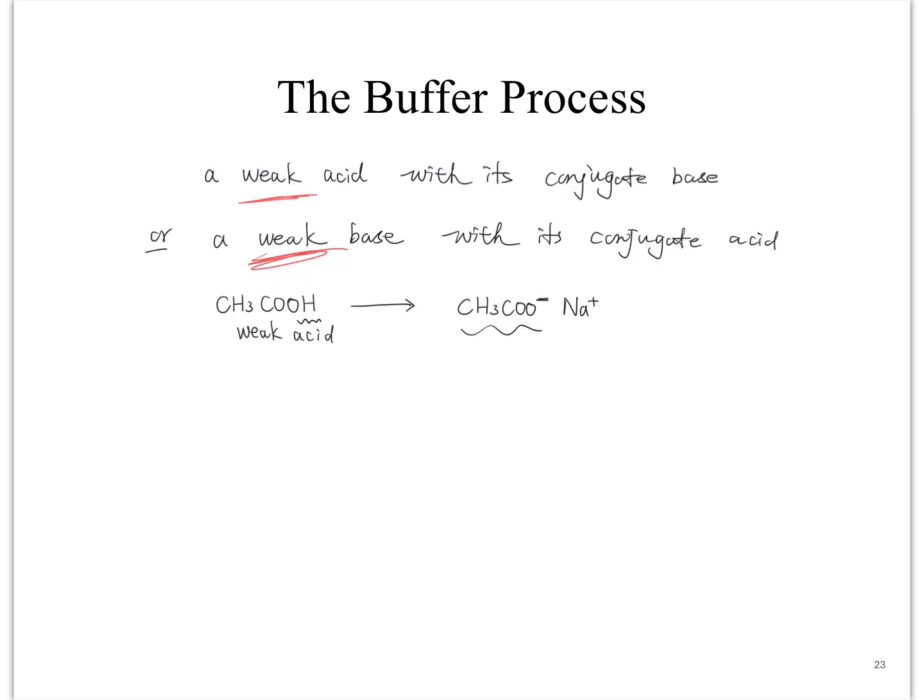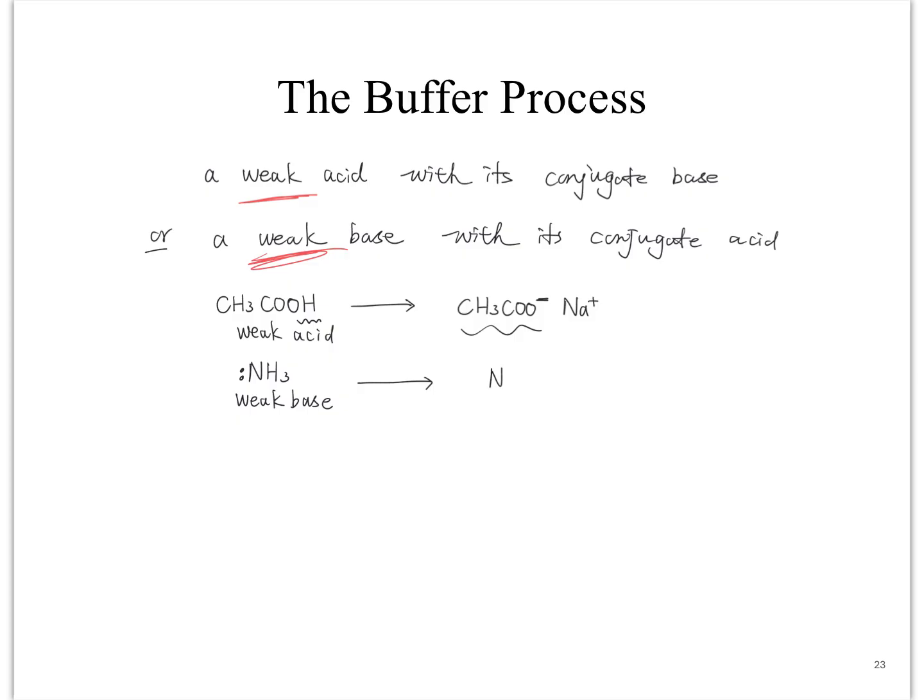And another example is ammonium. We know that ammonia is a weak base. So if we try to get its conjugate acid, we are going to add one more proton.